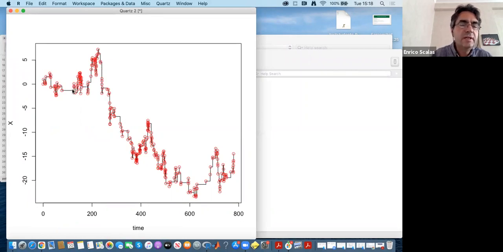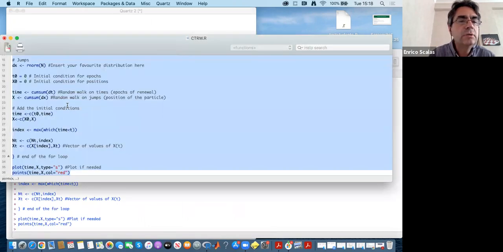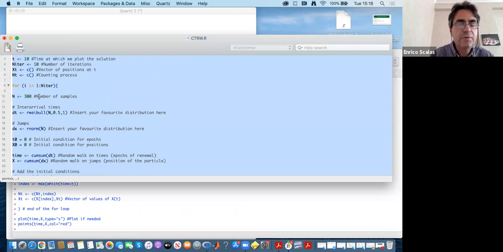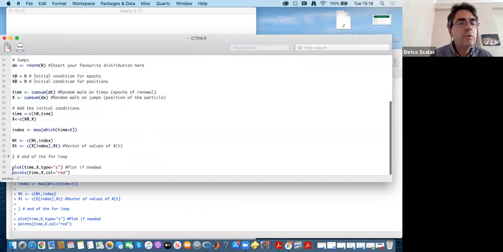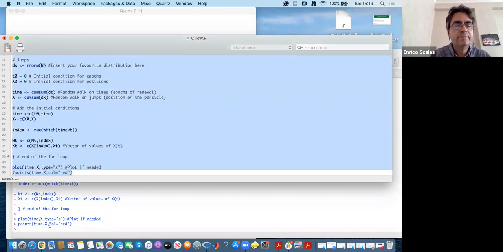You still see the plateaus, but as the time goes larger and larger, it is like seeing this random walk from a distance. We can go on. Maybe we take 3,000 samples here, and maybe we do not put the points here any longer because it's not really necessary.